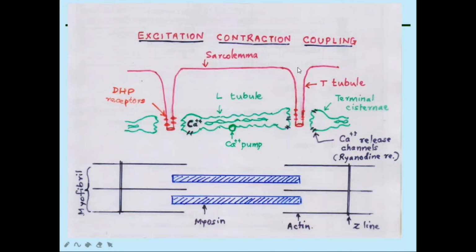So when the action potential spreads through the membrane of the T tubule, the dihydropyridine receptors are stimulated. They in turn bring about the opening of the calcium release channels, that is the ryanodine receptors, and then the calcium ions are released.